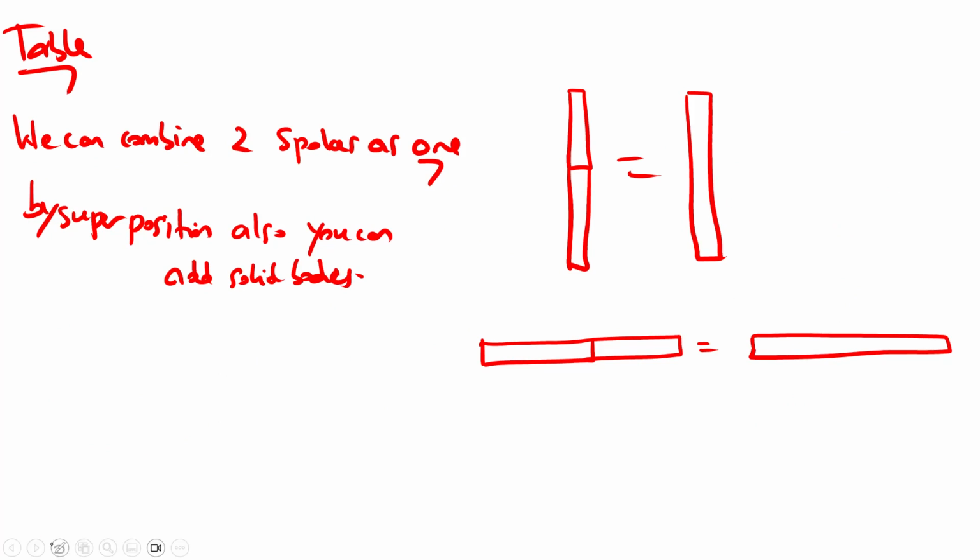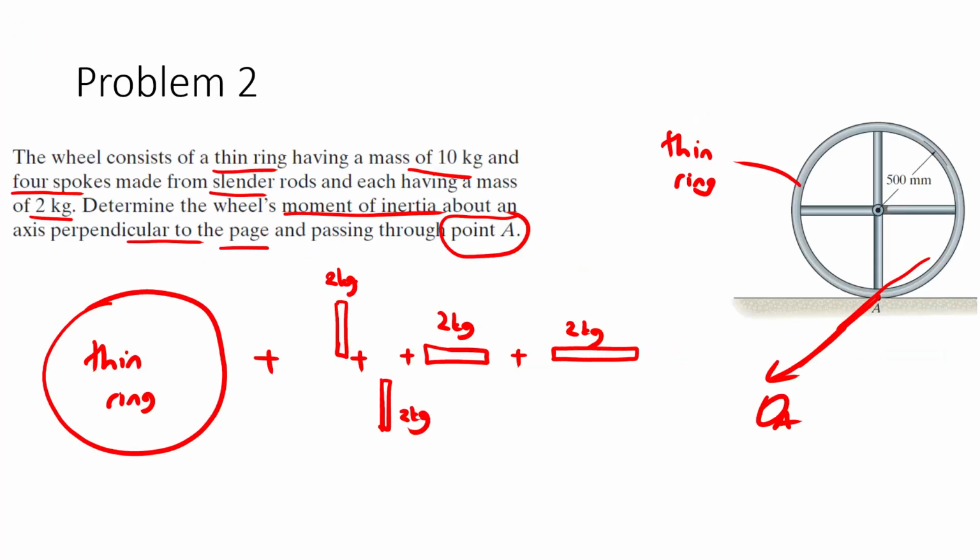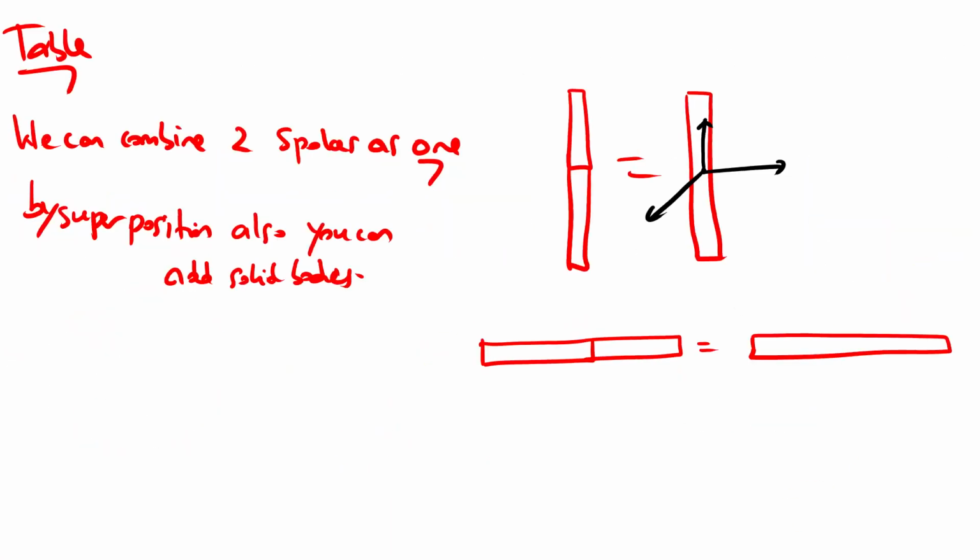For this one, we will look for the mass moment of inertia. The book says to find it around the axis this way, so we will look at this axis. Similarly here.